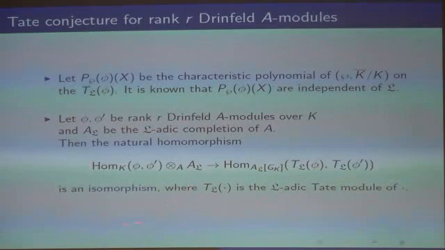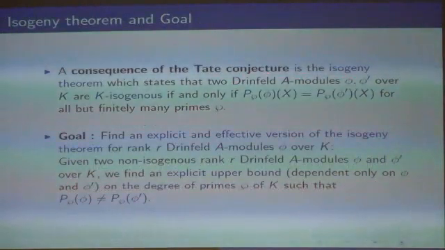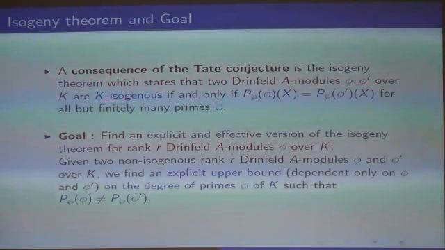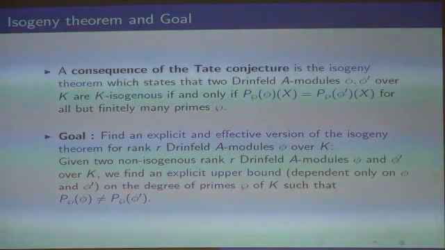Then between them there is an isomorphism. This is called the Tate conjecture. The consequence of the Tate conjecture is the isogeny theorem. What is the isogeny theorem? Two Drinfeld modules are K-isogenous if and only if their corresponding characteristic polynomials are the same for all but finitely many primes. So for most of the primes, they are the same.